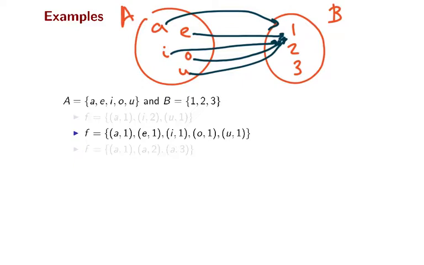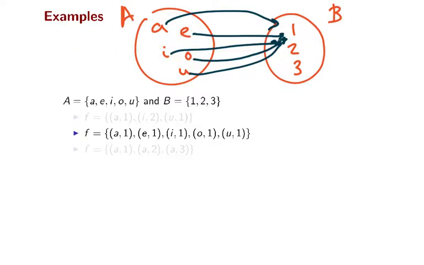Okay, so what do you think? Is this a function? Well, let's think of the first property. The first property says that all of these things here should be the source of some arrow. I mean, there should be an arrow that starts at them. In this case, this is correct, right? So this is happening. So the first property is satisfied in this example.